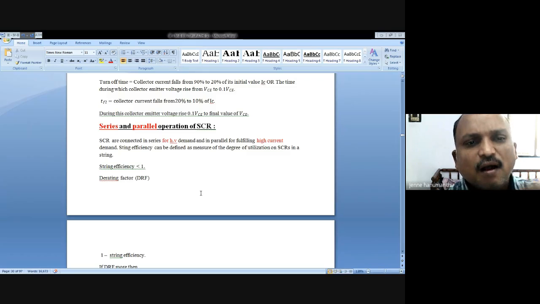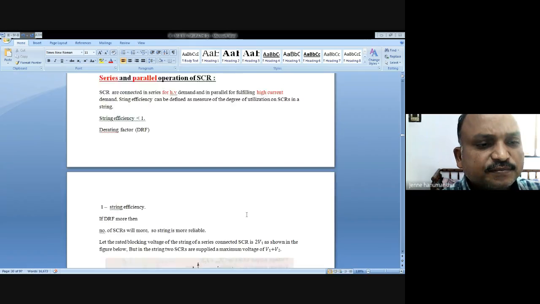Remember, we always expect the string efficiency to be 1. If it is 1, our aim is to get more voltage, more dropping voltage and more current for other applications, which is why we follow series and parallel operation of the SCR.